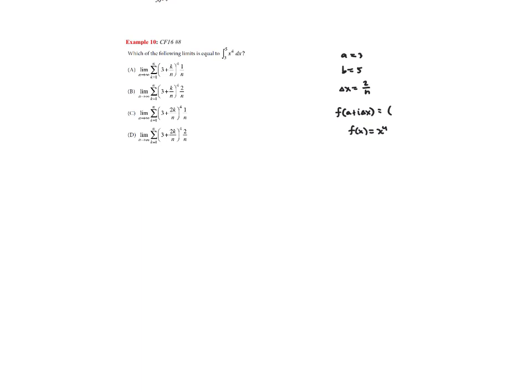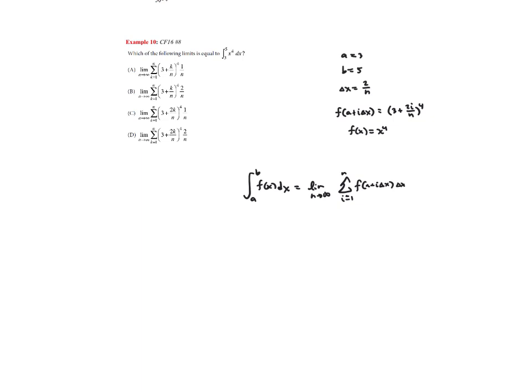Okay, so I'm going to take a plus I delta x, so that'll be 2I over n, and I'm going to take it to the 4th power. So we know that the integral from a to b of f of x dx is equal to the limit as n approaches infinity of the summation from I equals 1 to n of f of a plus I delta x times delta x.